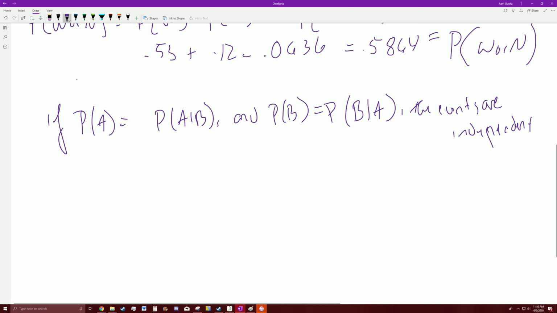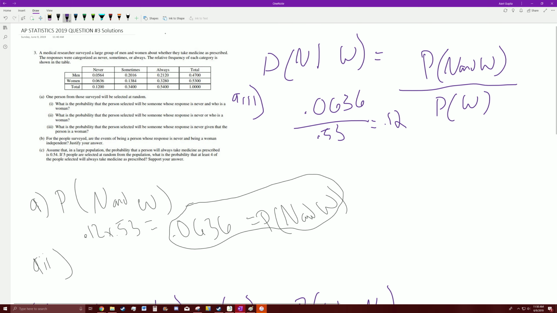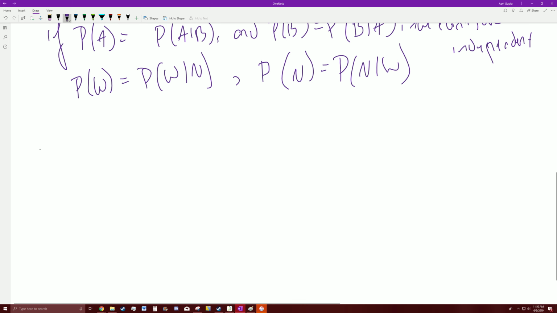So if we say A is woman, that means we check woman given never, and never given woman. Okay, so now for woman it is 0.53.